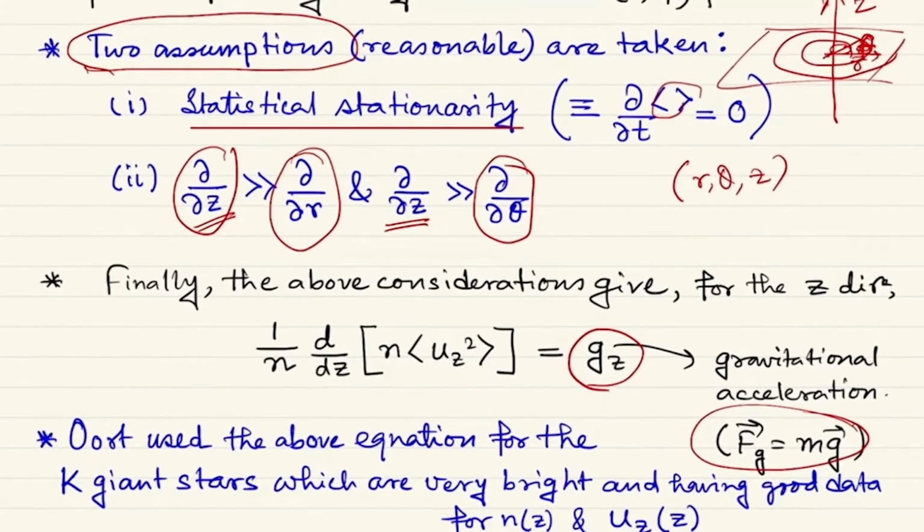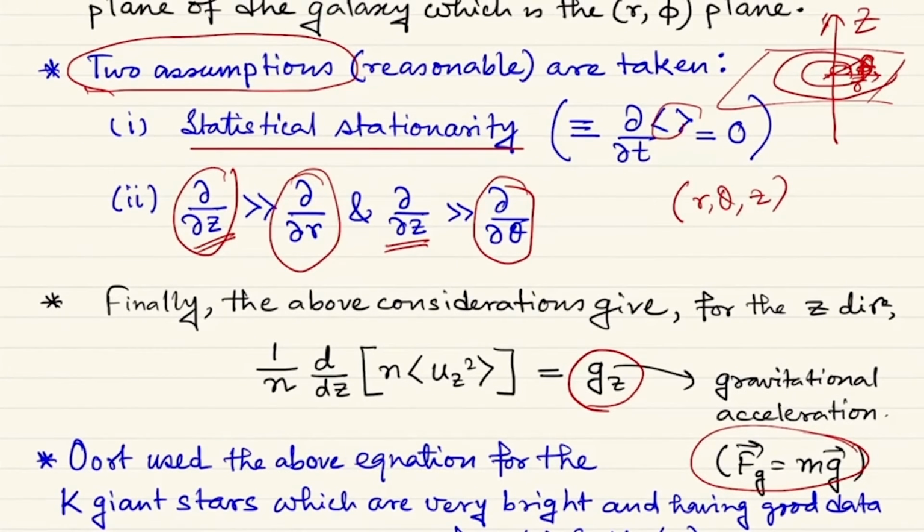Now Wood basically used this above equation for a specific type of stars, K giant stars, which are very bright and easily visible.